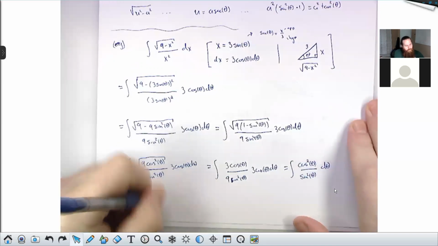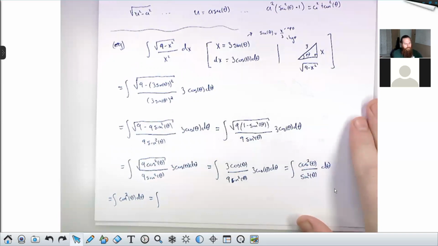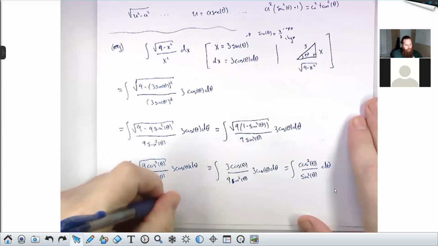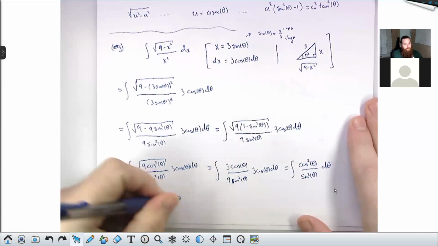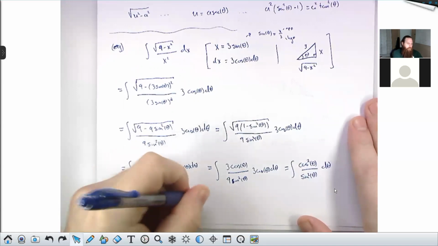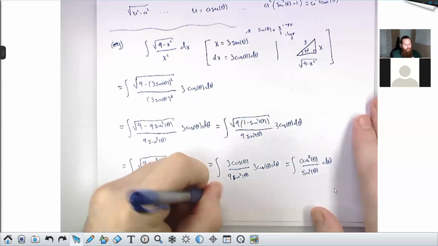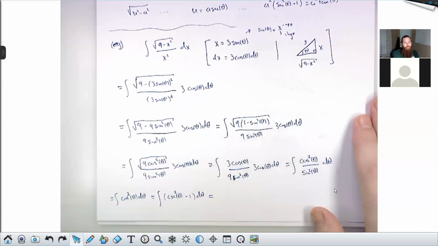What is the relationship between cotangent and cosecant? Yeah, it's just like secant and tangent. So cotangent squared is cosecant squared minus 1. And then what's the integral of cosecant squared? Almost. Yeah, negative cotangent. Very good.